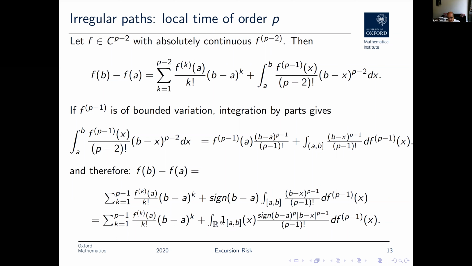So this shows that you can write the Taylor formula to order p minus 1 with this remainder term. And the remainder term involves two things, as you can see. You integrate along the function the indicator of this interval times b minus x, so the one end of the interval minus x, to the power, absolute value to the power p minus 1.